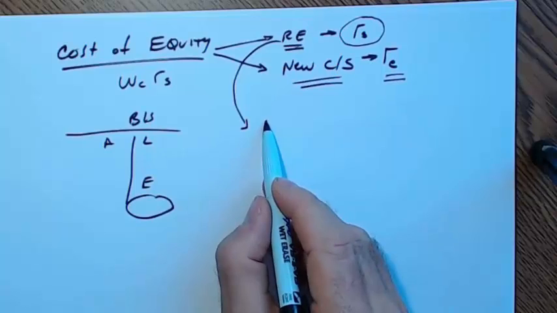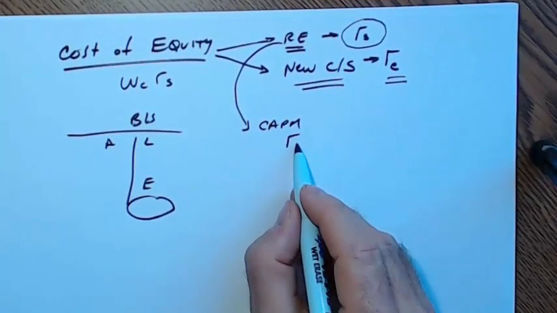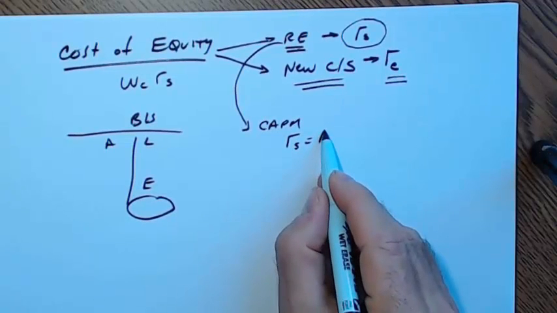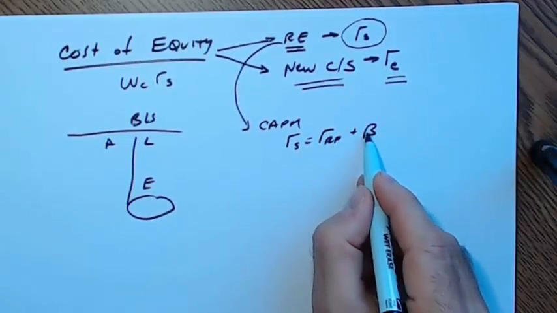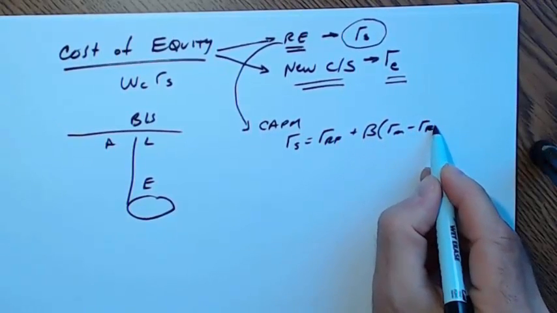There's three ways. We can use the capital asset pricing model, which we know and have seen, where RS equals RRF plus beta times the return on the market minus the risk-free rate, the market risk premium.